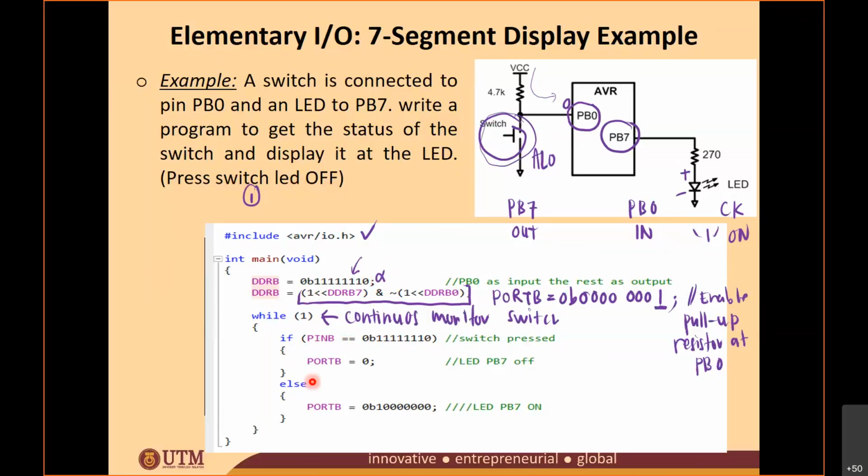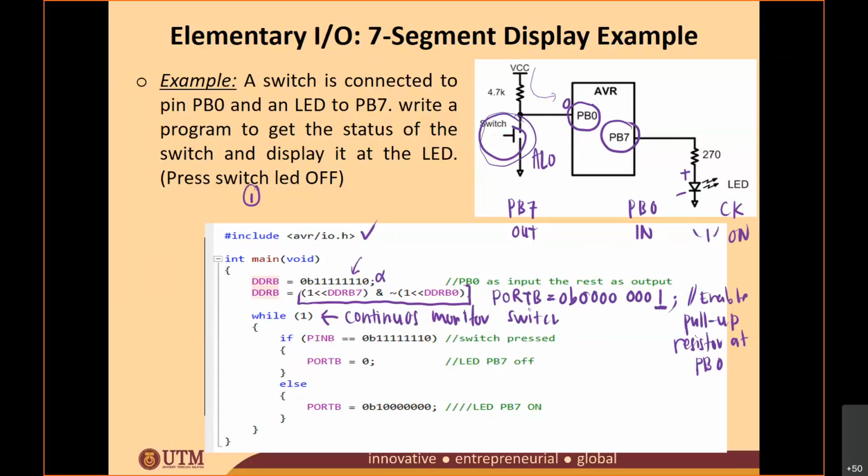So what happened is for the LED, you send out PORTB equal to 0. Else, if the value of your PINB here is 1, when you do not press the switch, the value is 1. So what happened? PORTB equal to 0B1000. This is wrong. Supposedly something like this.